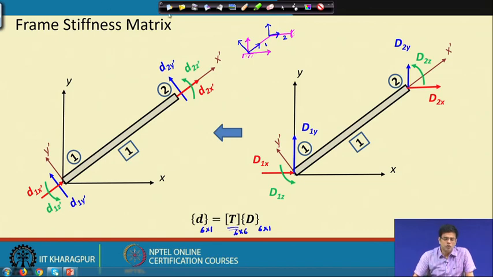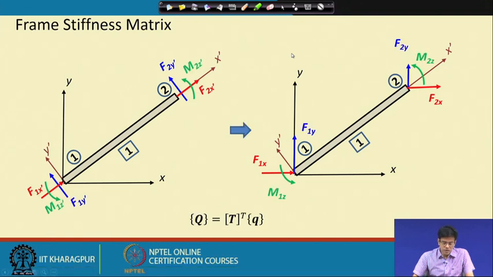Similarly, we have also learned the force transformation. Along the prime axis x prime y prime, the forces are F1 x prime, F1 y prime, and M1 z prime for node 1, and similarly for the global axis, this is F1x, F1y, and M1z.